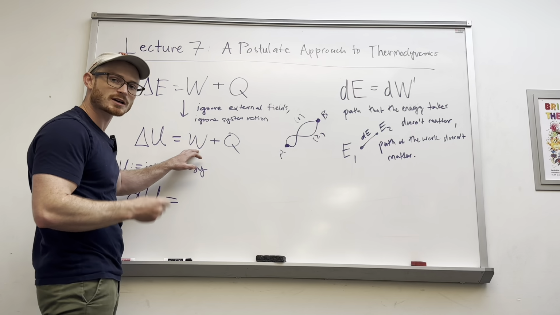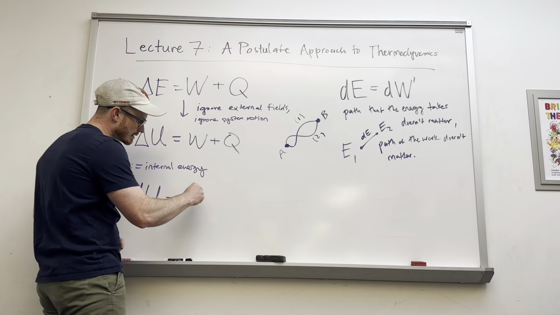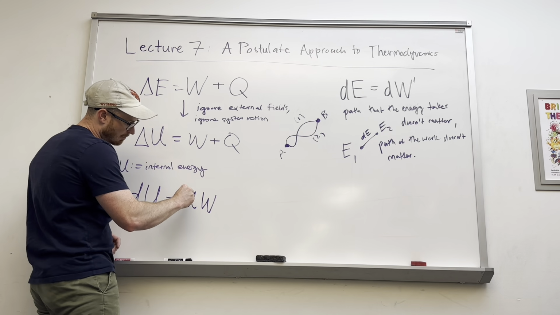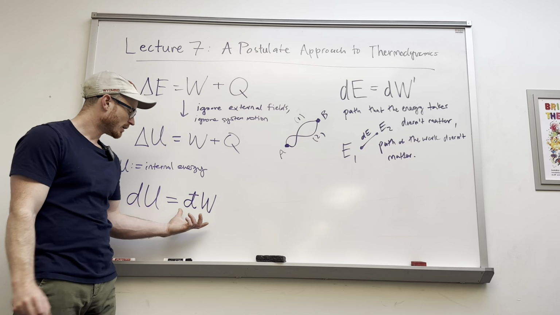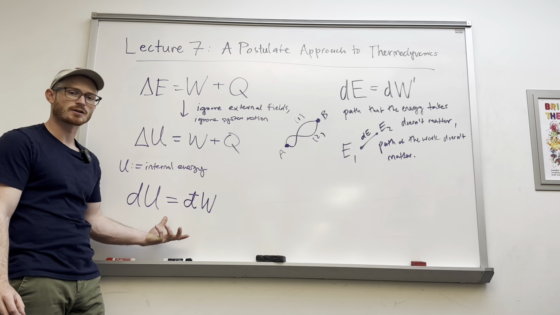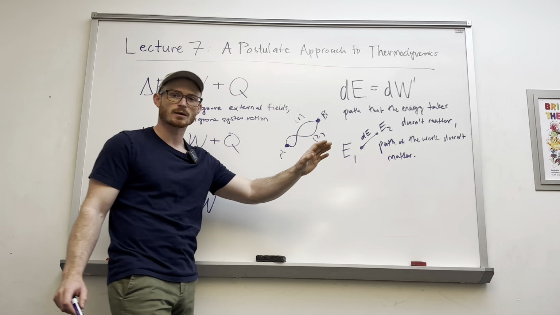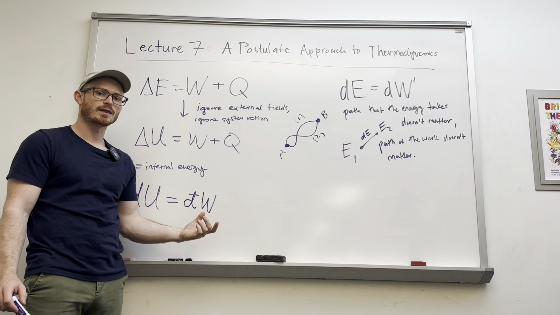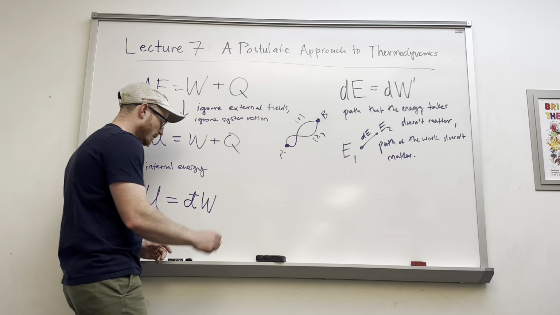So the way we express this path dependence in thermodynamics is instead of writing dW, we put a bar through this d. And this signifies that this is not a perfect differential. So a perfect differential we could just write with the d, right? But this bar is signifying that the path that this dW takes matters, right?